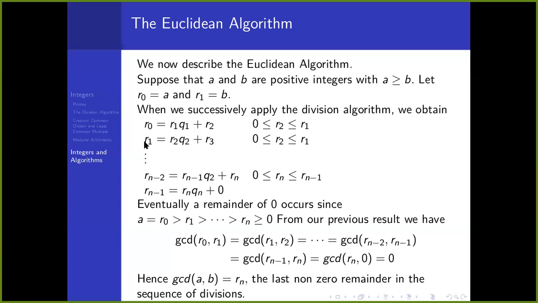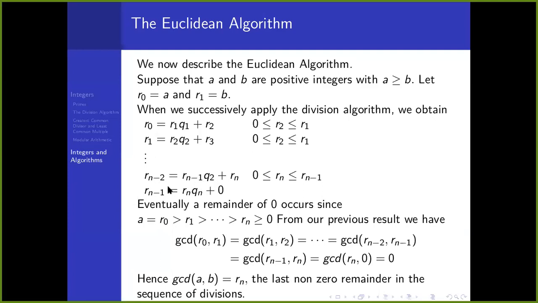And when we do that, we know the GCD of R1 and R2 is the same as the GCD of R2 and R3. This is the same thing that happens all through, even up to the last step: the GCD of Rn minus 2 and Rn minus 1 is the same as the GCD of Rn minus 1 and Rn.